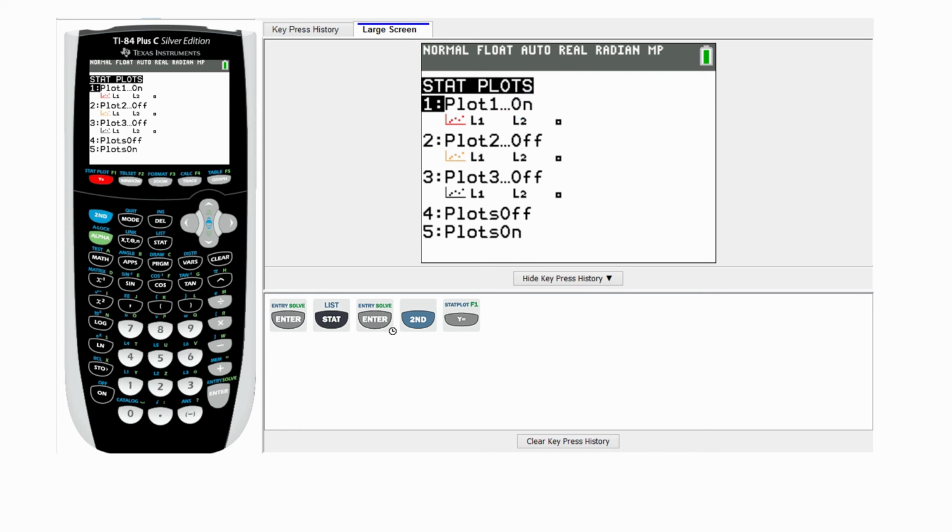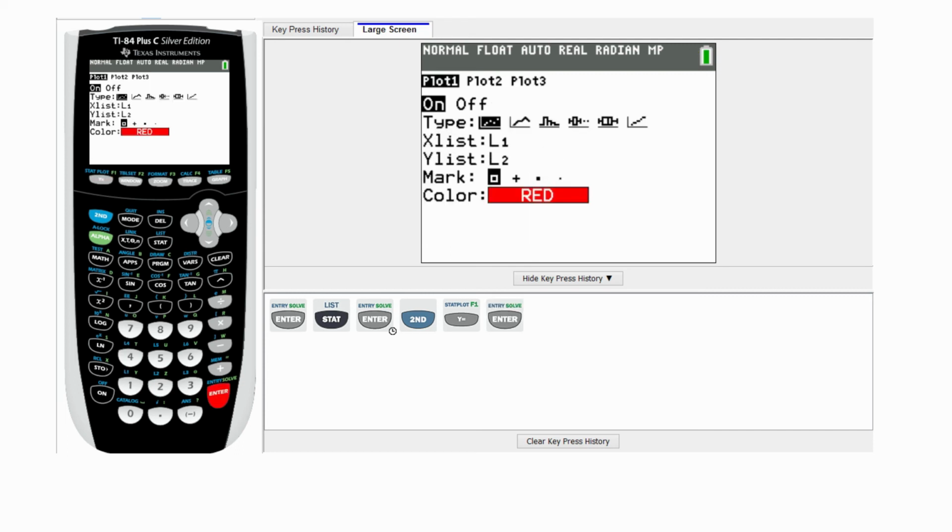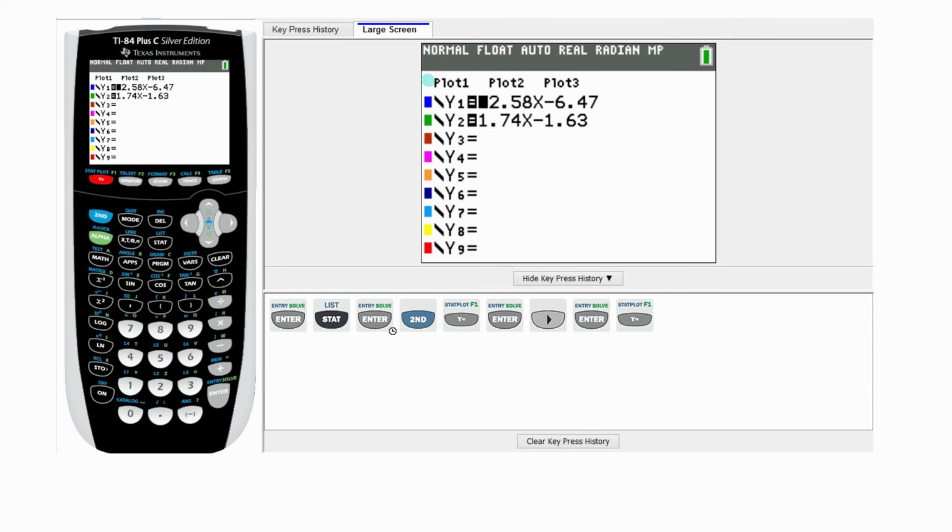So I have two options on turning this off. I can press enter and turn it off here, arrow over to off, press enter, or press y equals. You'll notice I have plot 1, plot 2, plot 3 showing at the top. I can always arrow up and press enter here to turn it on, enter to turn it off.